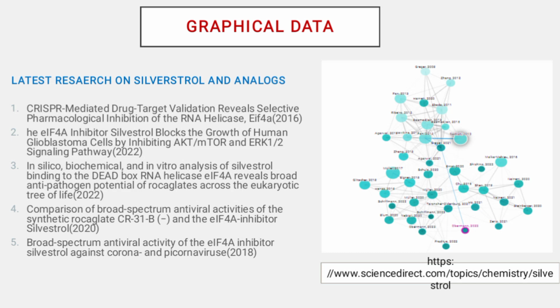In 2022, in silico, biochemical and in vitro analysis of Silvestrol binding to the DEAD-box RNA helicase eIF4A reveals broad antipathogen potential of rocaglates across the eukaryotic tree of life.